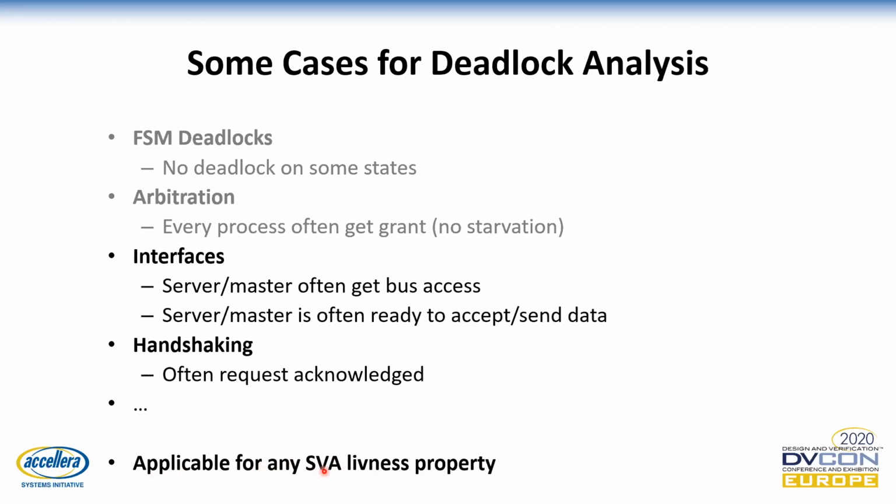Because if an SVA liveness property has a counterexample, it can be seen as a maybe escapable deadlock, and you have to find out if this is actually a real deadlock or not. And for that, you have to use the CTL semantics.